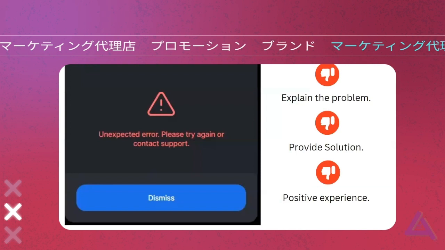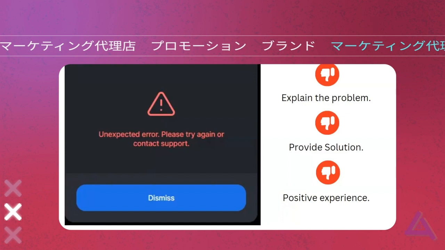For example, in terms of showing errors, there's a big problem in Web3 about that, because usually brands don't describe what is happening in the errors or how you can solve it. For example, this one I think was from Uniswap, and it's 'unexpected error, please try again or contact support.'